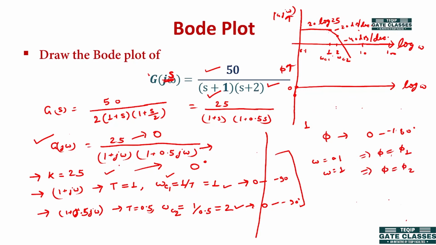So this point is coming somewhere here, this is phi 2, and similarly we can calculate for omega 2, and for very high frequencies, that is 10, we will get somewhere in here. So once we draw this, we add all those points, and we will get the phase plot, and this angle would be within the range of 0 to minus 180 degrees, as we have two first order poles.